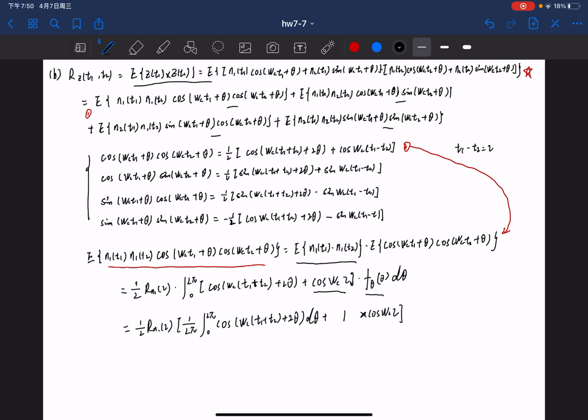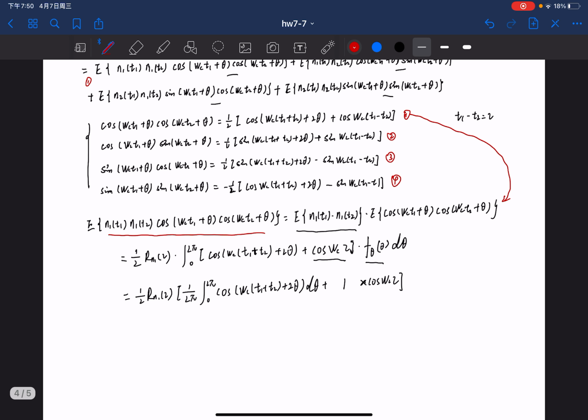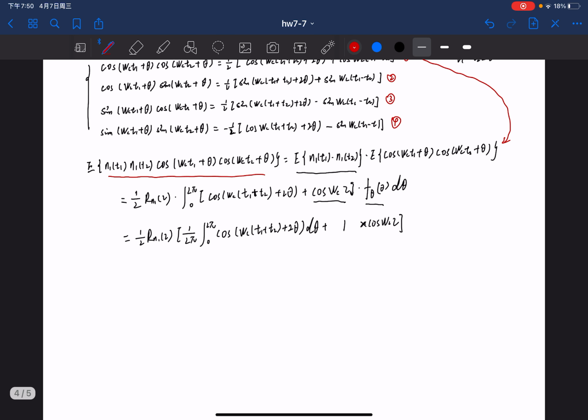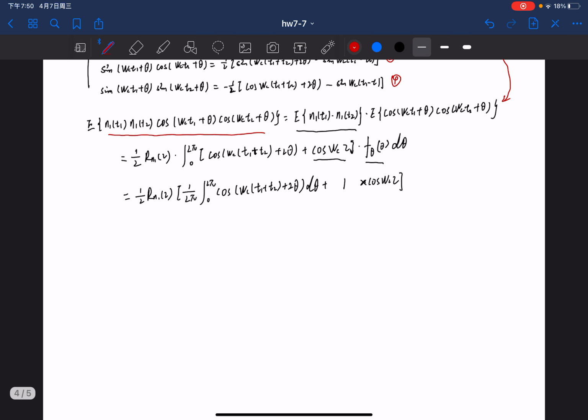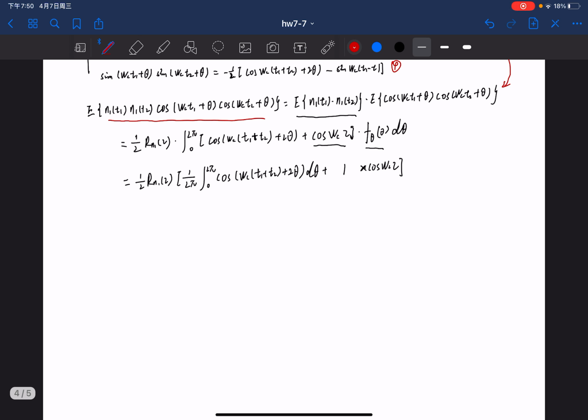And using the same method, we can use formula 2, formula 3 and formula 4 to substitute the product, and we can get the final expression of the correlation, which should be this.